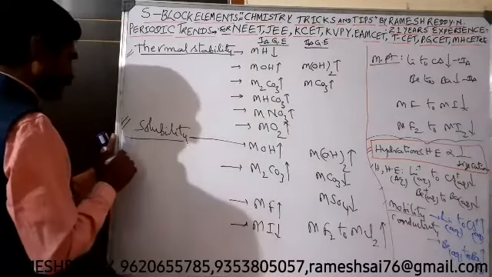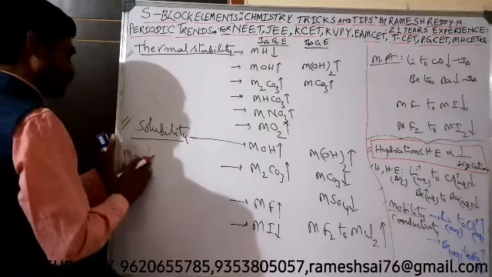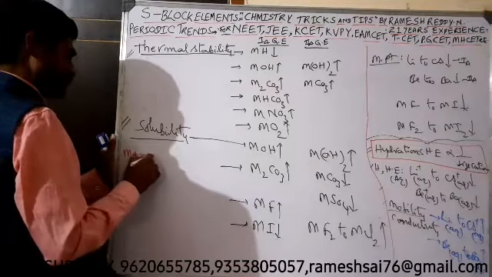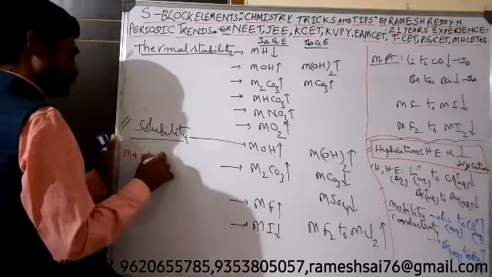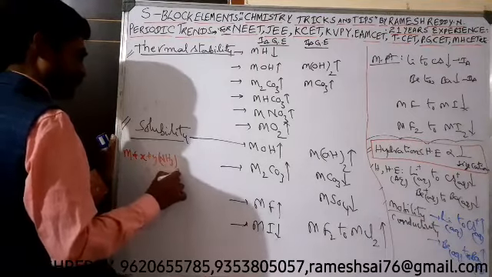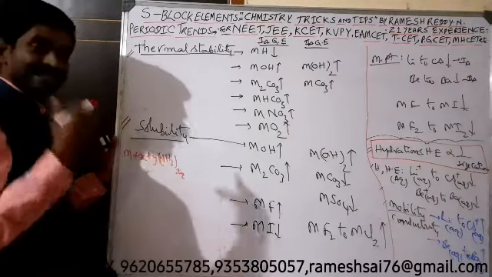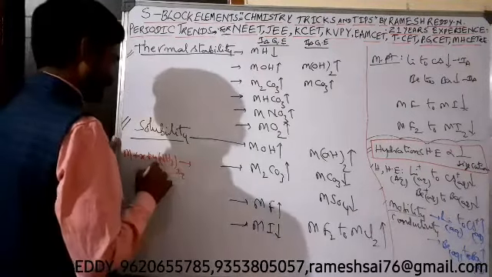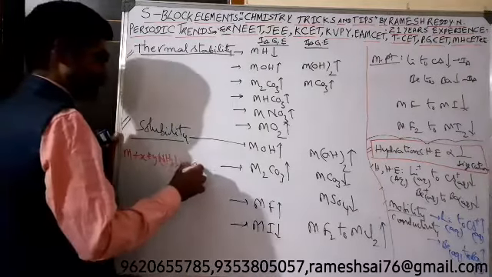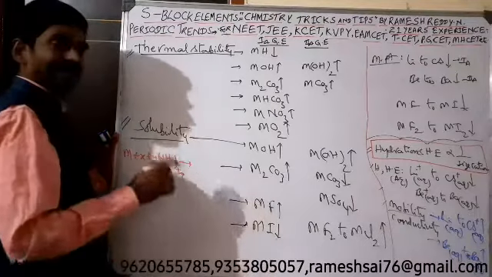See, for example, a first group element gets dissolved in liquid ammonia. You have to take X plus Y moles of liquid ammonia into which the first group or second group metal is dissolved. Then what will you get? The metal loses electrons. The electrons are surrounded by ammonia molecules and metal ions.